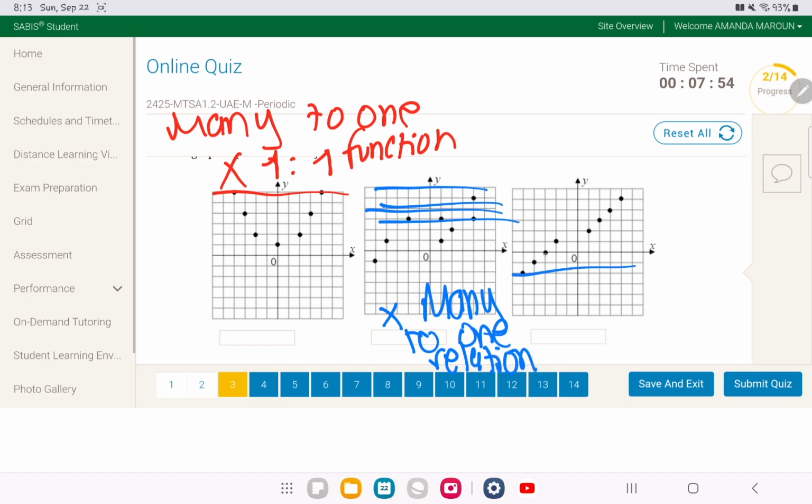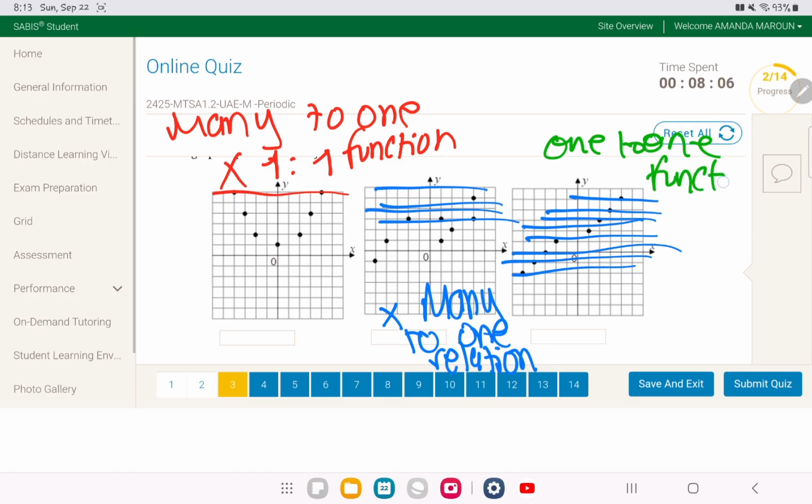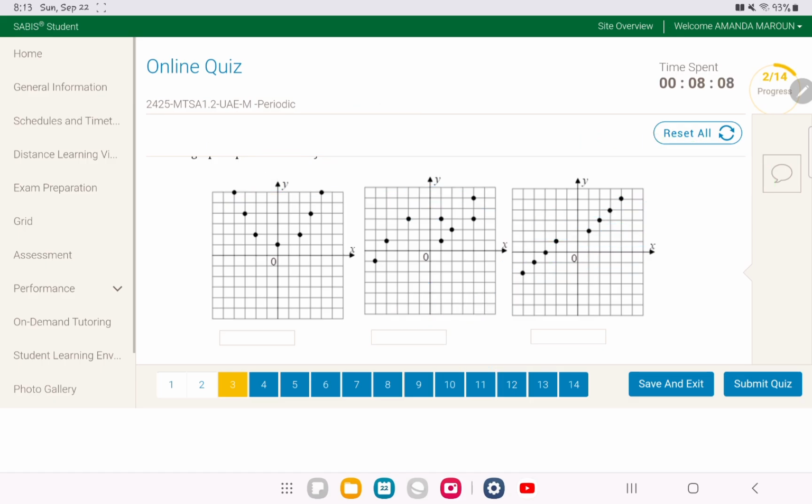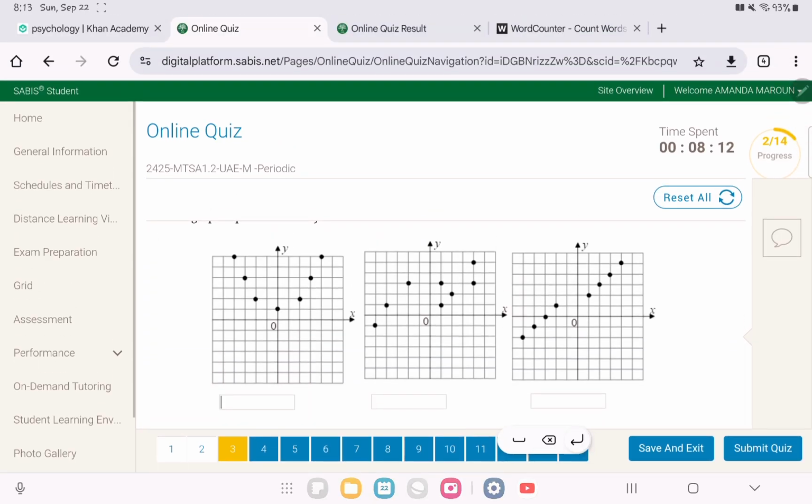And then this one, it is one-to-one, so we say it is a 1-to-1 function. So a many-to-one function was D, so this is D.